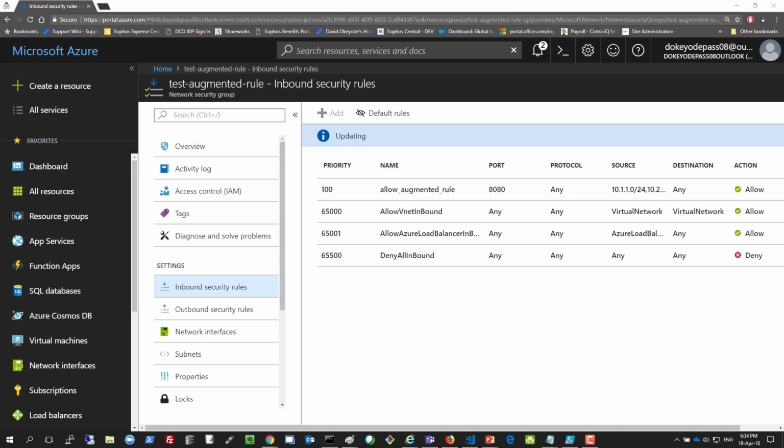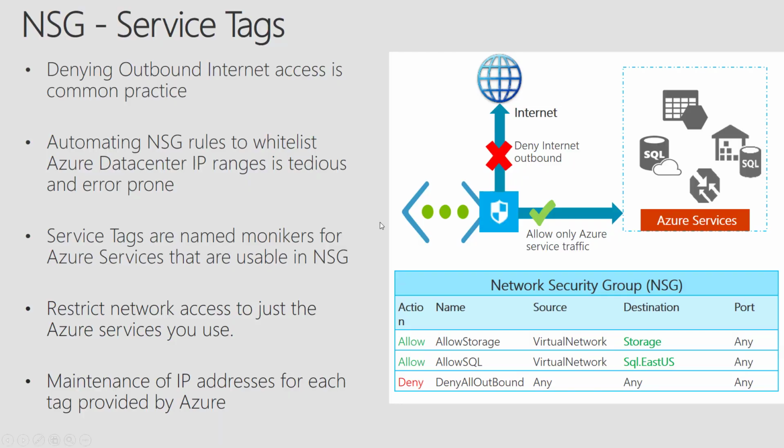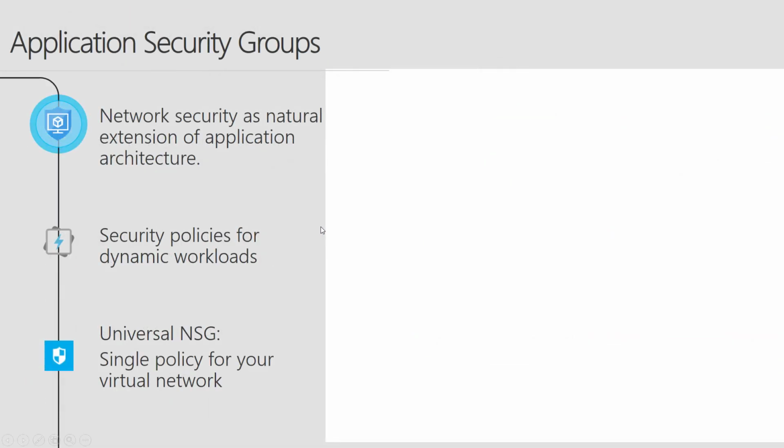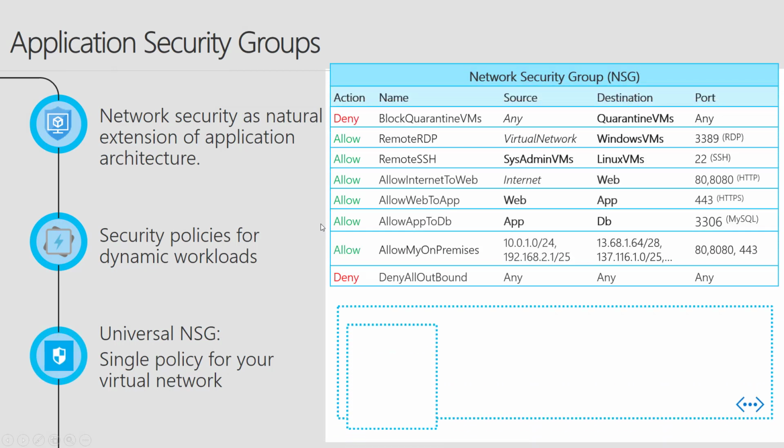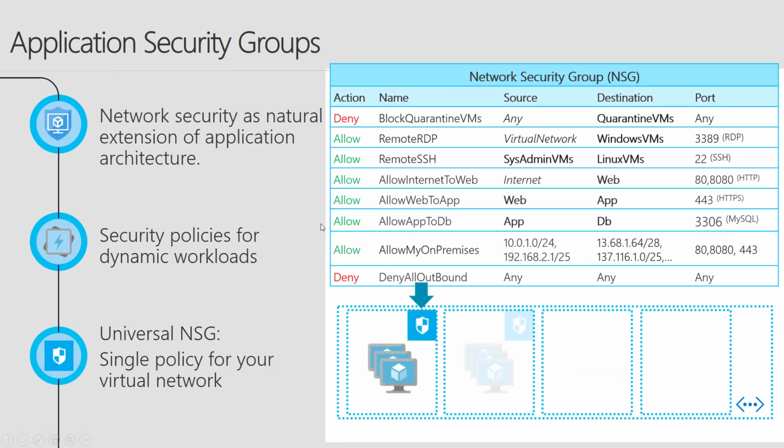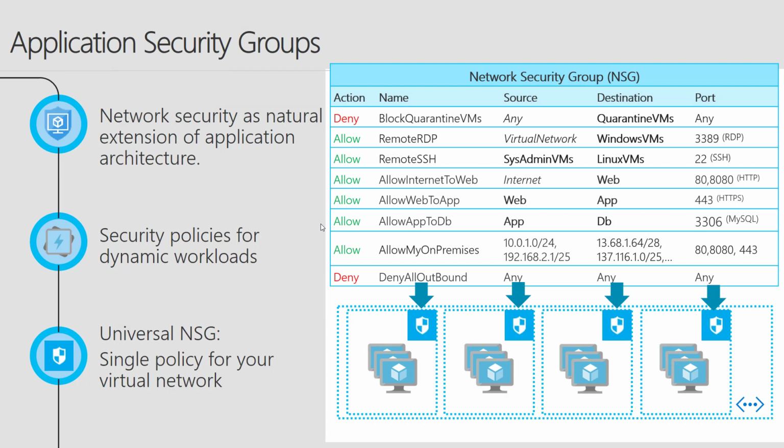So moving forward, let's go back to our presentation. Now we're talking about application security groups, which is an interesting feature because it allows us to extend the concept of tagging to our application security groups.